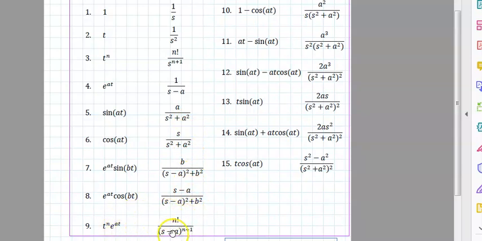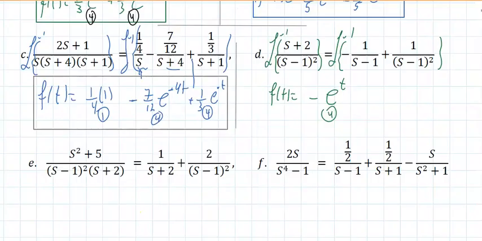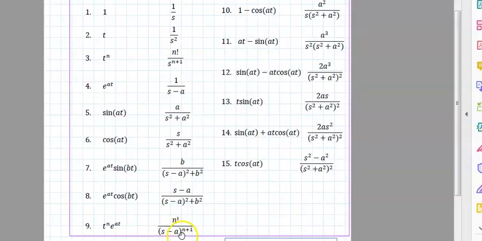Again, remember, there's only one of those. So I'm looking at 1 over s minus 1 squared. If I look at the denominator, s minus 1 squared, that's really n plus 1, so n equals 1. I'm going to go back. It's going to be t to the n.